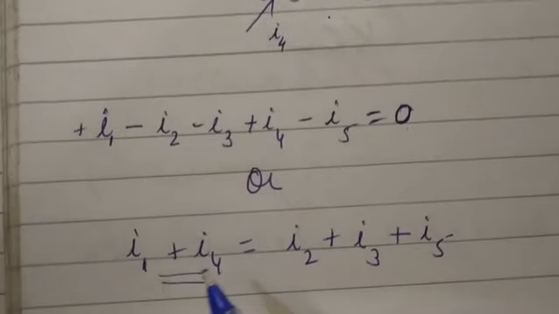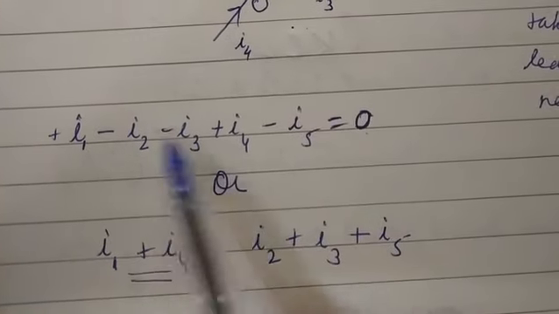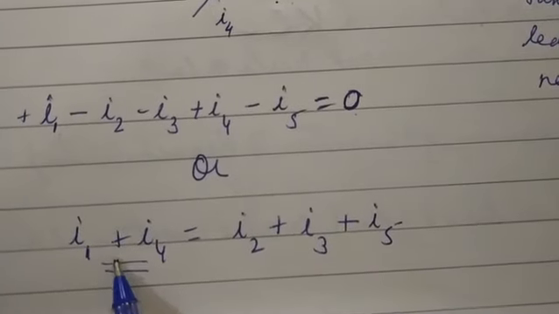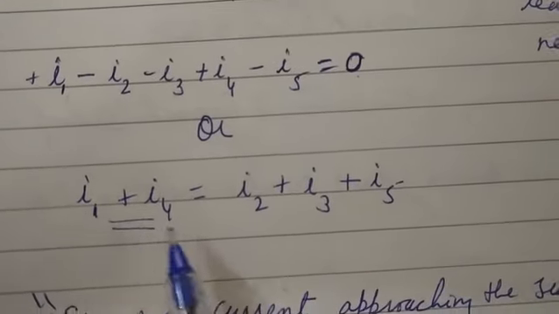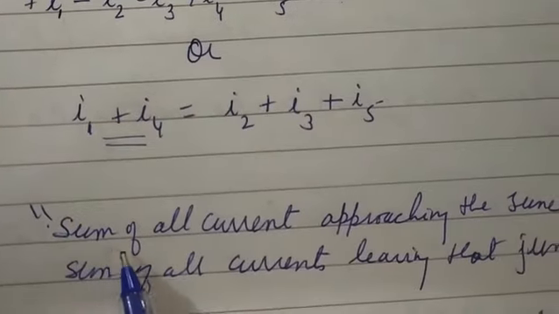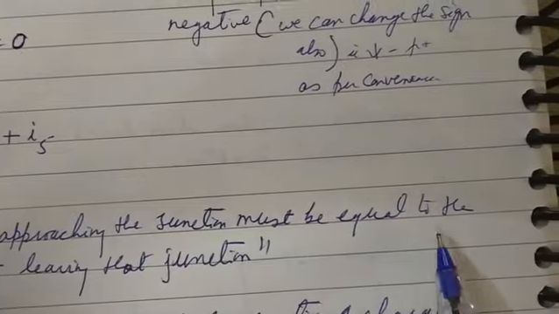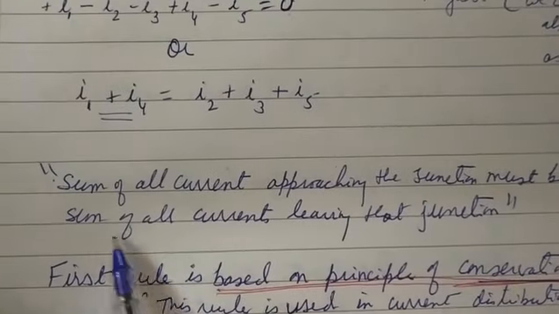Or we can write it as I1 plus I4, with the negative terms taken to the other side. So another definition we can write in this way: the sum of all the current approaching the junction must be equal to the sum of all the current leaving that junction.